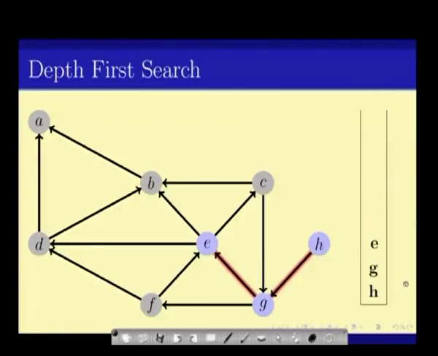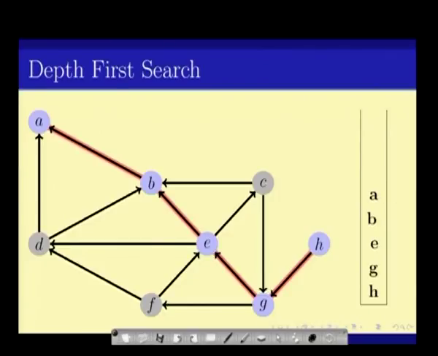We pick up one of them, say b, and again we color b blue and put b on top of the stack. We look at the topmost element in this stack, which is b, and again we look at its neighbors, which in this case is only a. And now we come to a, we color a blue and put a on top of the stack.